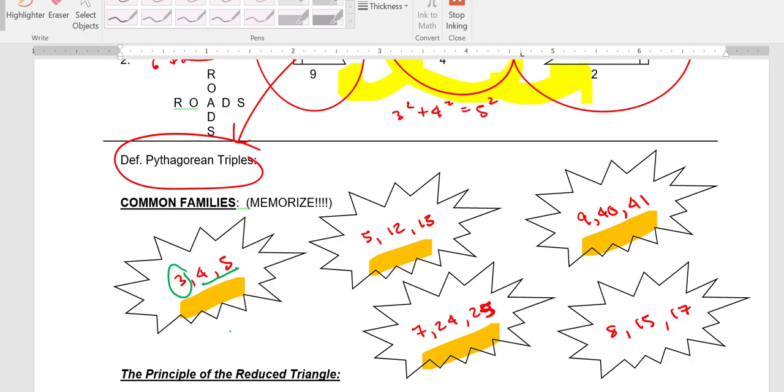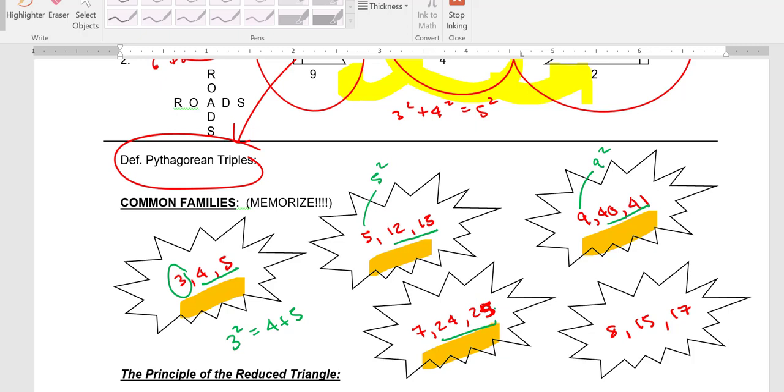Well, if I take 3 and square it, that's equal to 4 plus 5. If I take the 5 and square it, it's equal to 25, and 12 plus 13 is 25. 9 squared is 81, and 40 plus 41 is 81. 7 squared is 49, and 24 plus 25 is 49.